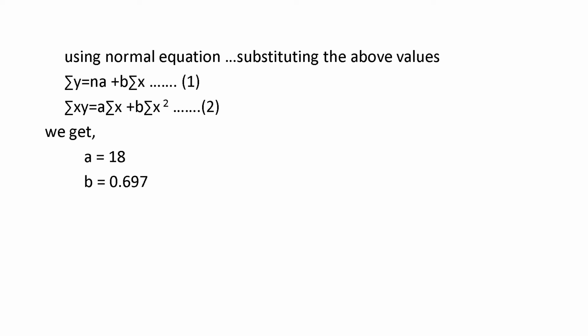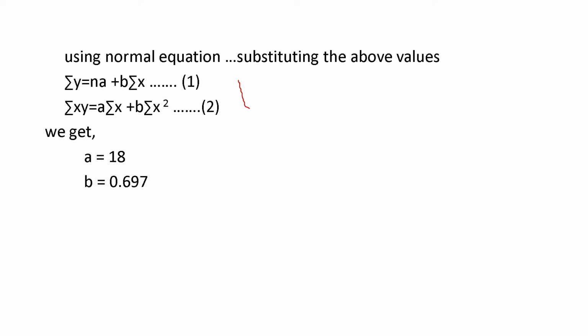Using the normal equations, substitute the above values and find the values for a and b. The normal equations are sigma y = na + b sigma x, and sigma xy = a sigma x + b sigma x square. So these are the two equations.